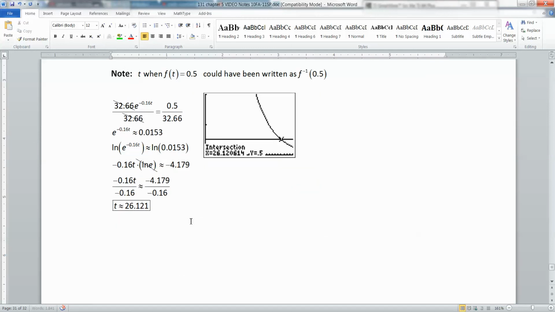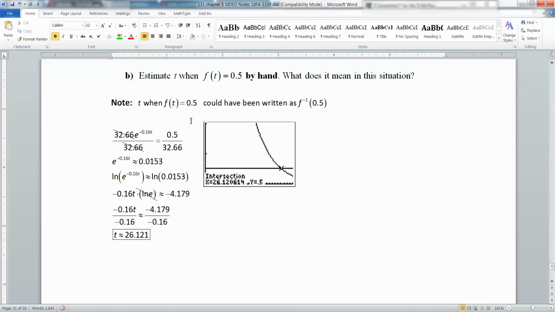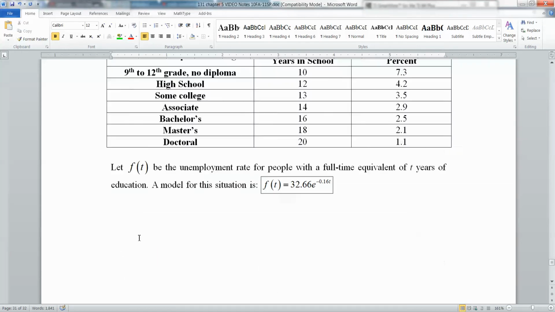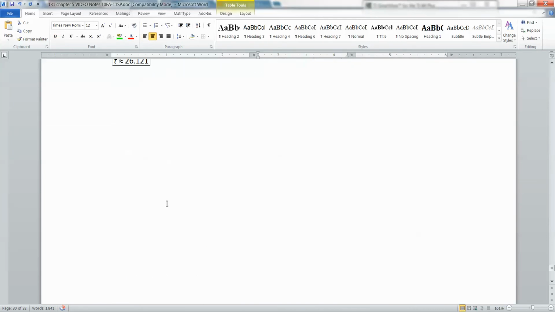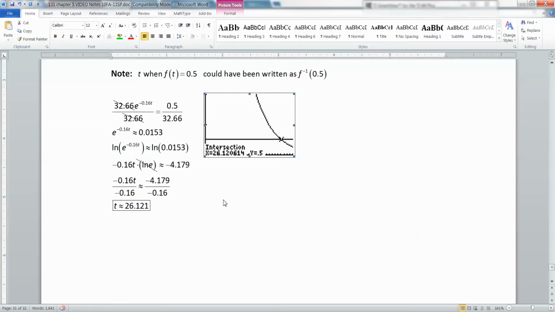All right. So now what does it mean? Okay, well, time is 26, so 26 years of education. Let me put it this way.